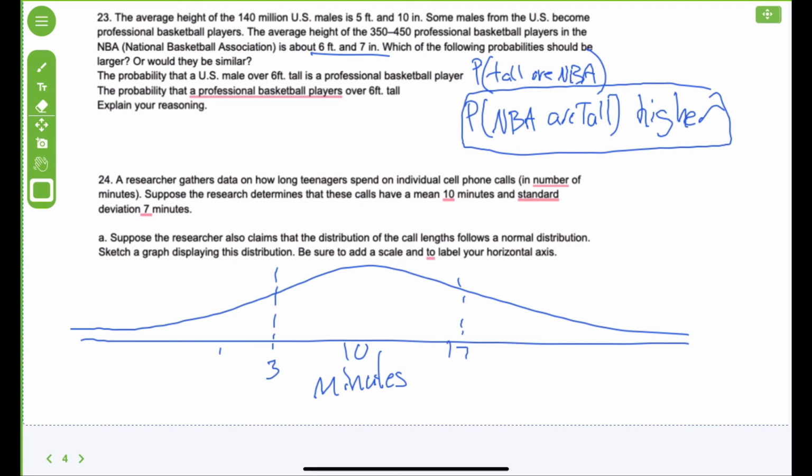I'm going to probably put it like that because you're not going to have anything. So 2 standard deviations away would be like a -4, where you're not going to have a -4 minute phone call. That's just not possible. Okay.